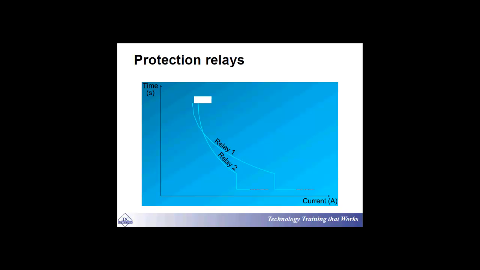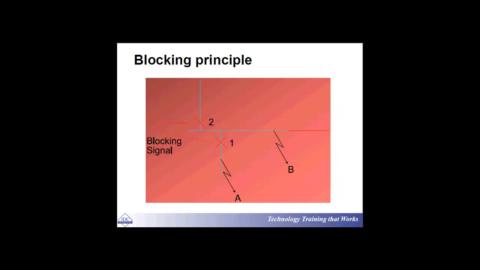So as you can see in here, in low currents, for example, as you move to the left, it is quite possible that relay number 1 operates first and then relay number 2. But as the current increases, relay number 2 operates first and then relay number 1. Okay? So it depends on the application.